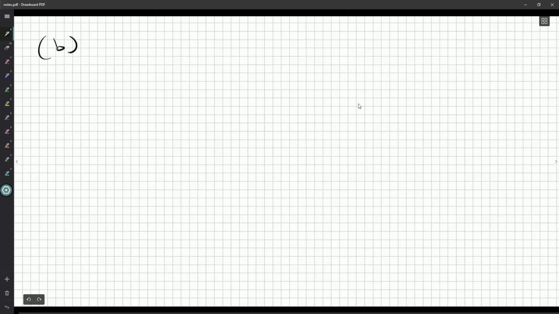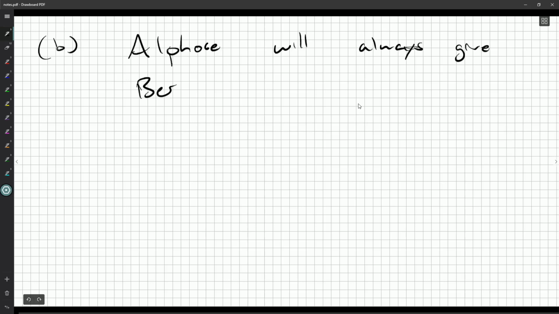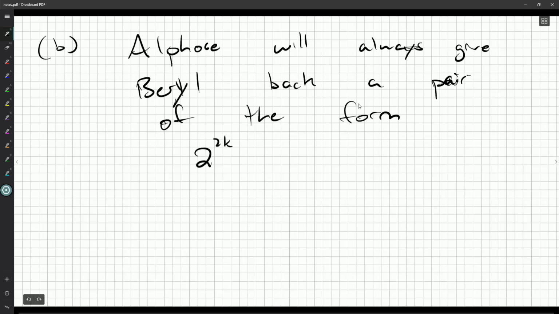What was the winning strategy for B? Alphonse will always leave on the board, or give back, a pair of the form 2 to the 2k, 2 to the 2k plus 1, until 1, 2 is written.